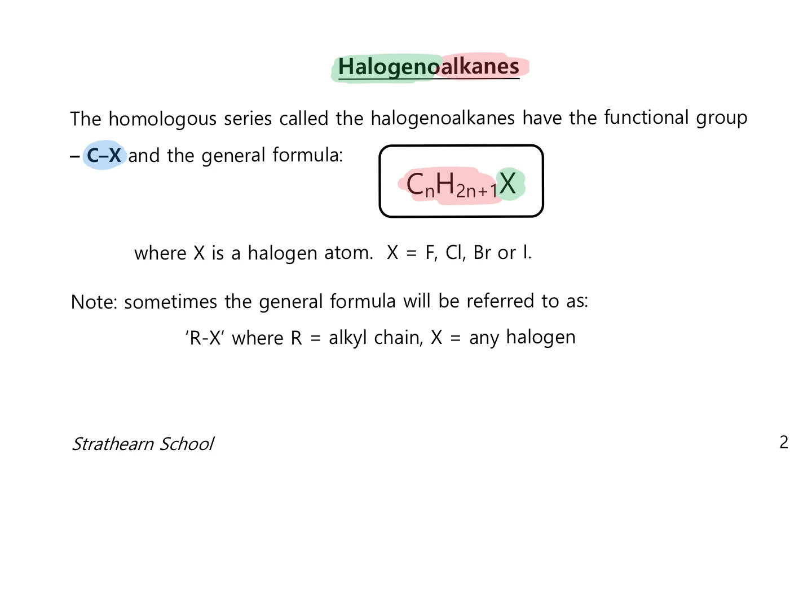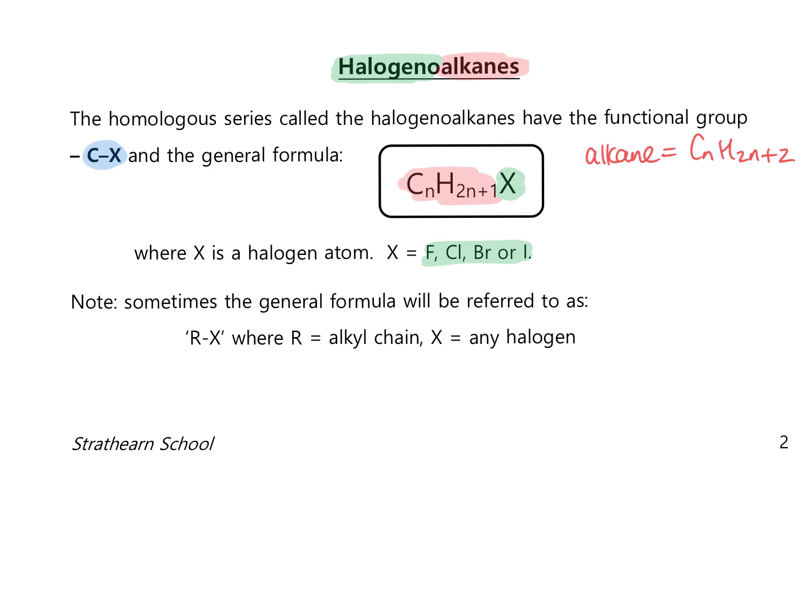And if you think about the general formula of an alkane, it is CnH2n+2. And so what we've done is we've taken off one of those hydrogens, so the hydrogen is H2n+1 instead of 2n+2. And then we have replaced that hydrogen that's missing with an X, a halogen atom. So the X is the halogen atom, fluorine, chlorine, bromine, or iodine.